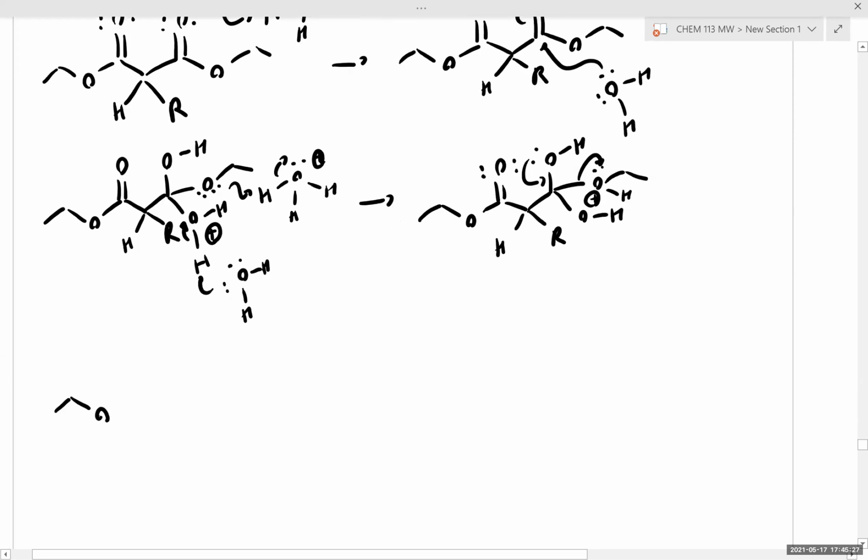Okay, so we've hydrolyzed one of our esters, but we're not done because this hydrolysis reaction is going to keep going. Now, it's unclear mechanistically whether you would see decarboxylation before or after the second hydrolysis. We're just going to hydrolyze both of our esters.